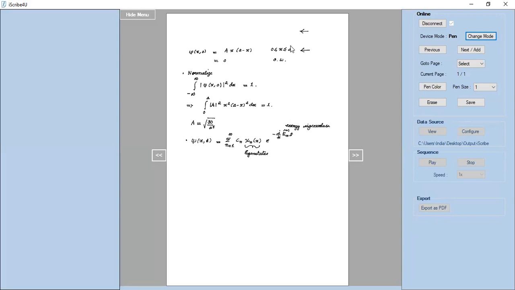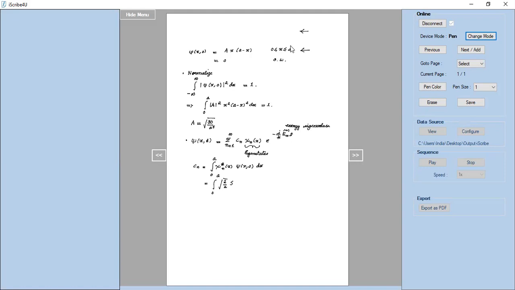Right. So now if you remember, how do we get the Cn? I think I had explained the logic last time, that you will have to do essentially psi n star of x times psi of x, 0, and this of course from 0 to a. This should give you your Cn, all right? And so let's start putting things down. 0 to a, this is root of 2 by a, right?